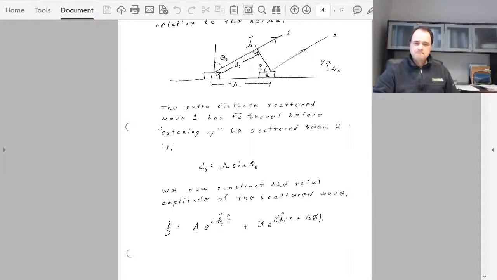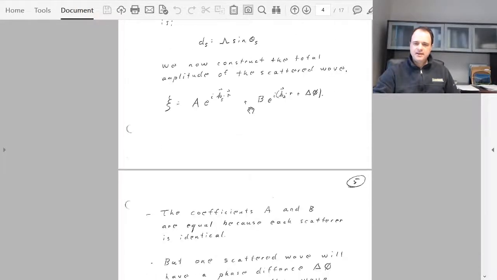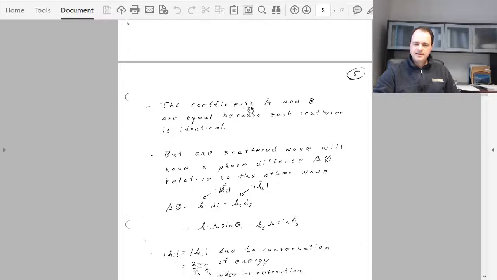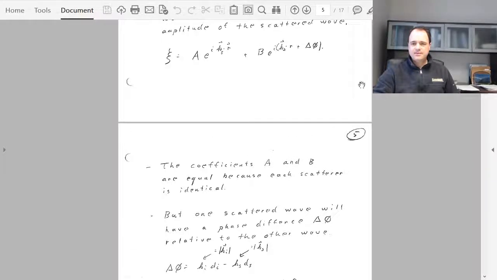And so there you have a difference in the distance that has accumulated in the two beams, and that has to be taken into account right here, all right?